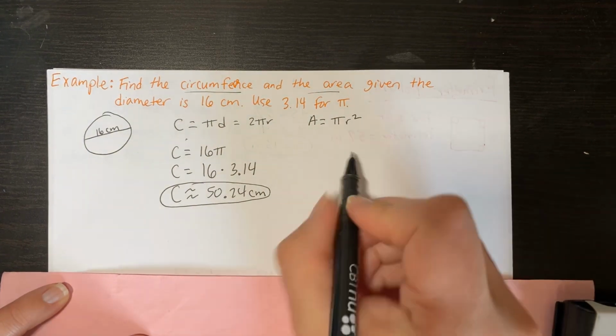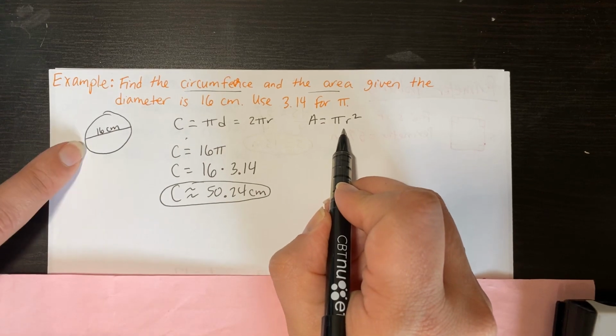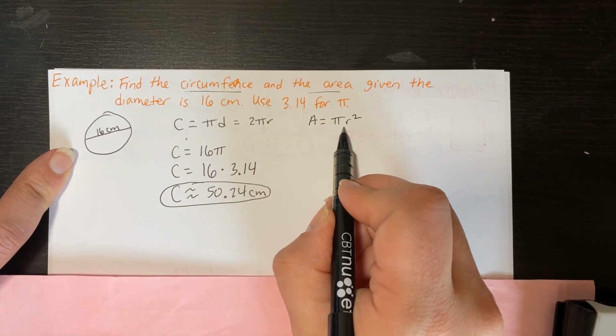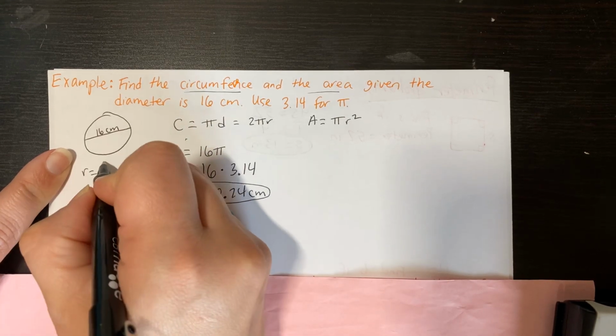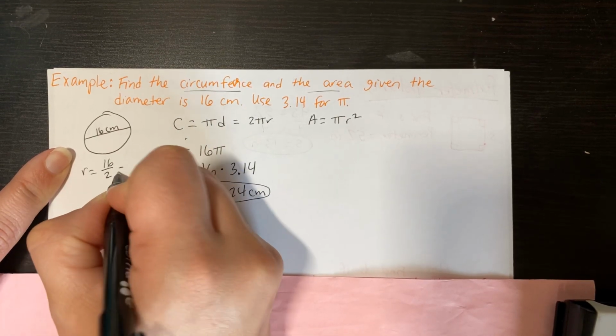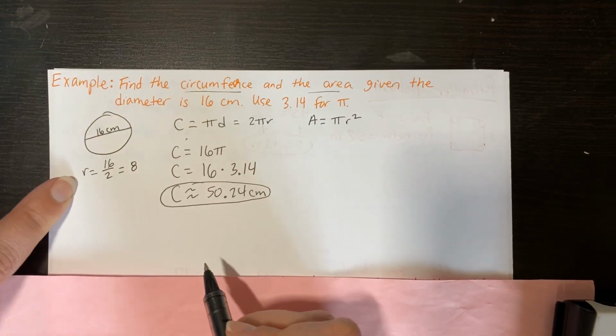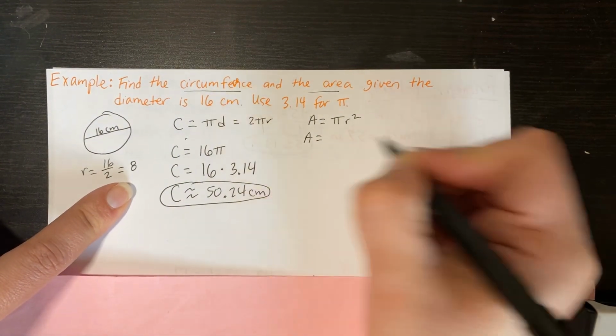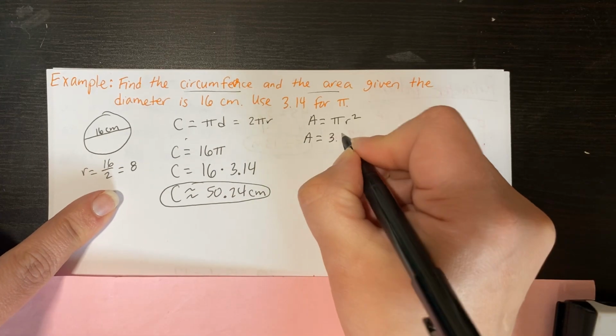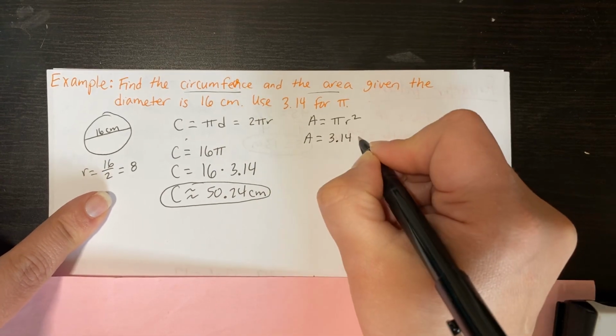Okay. The next thing for area, we need a radius, but we don't have a radius. So remember, to get a radius, we need to do half of the diameter. Okay, so our radius is going to be 8, so we can plug that into our equation. Let's change our pi to 3.14 now.